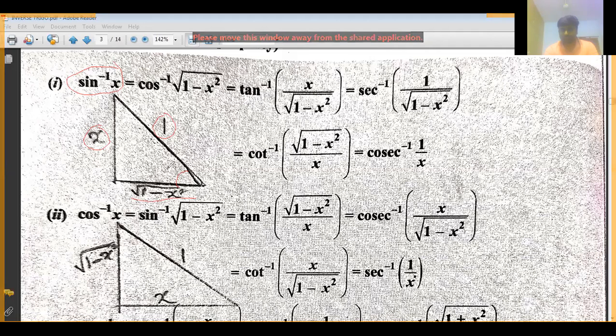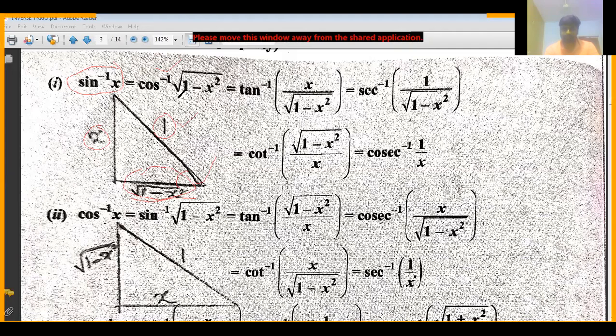So once you write all the three values, now we can go for writing the remaining 5 inverse trigonometric functions. Now tell me, what can you write for cos inverse from the same triangle? Adjacent by hypotenuse. Root 1 minus x square by 1. Clear?